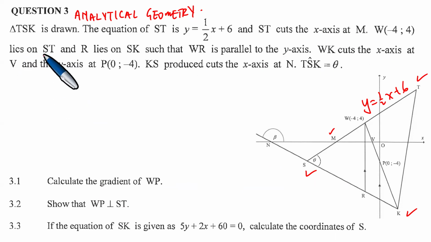So the examiner says, you have all these. And this W lies on ST. R lies on SK. And WR is parallel to the y-axis.